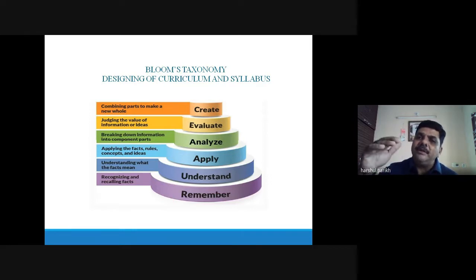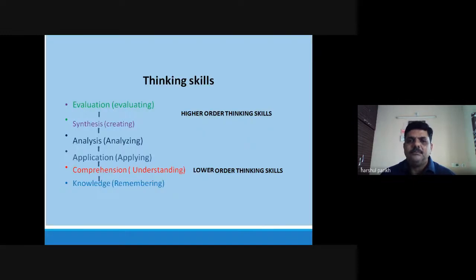Reasoning ability is step by step increasing. So what is a lower order thinking skill in students and what is a higher order thinking skill in students? That we should analyze by our pedagogy.